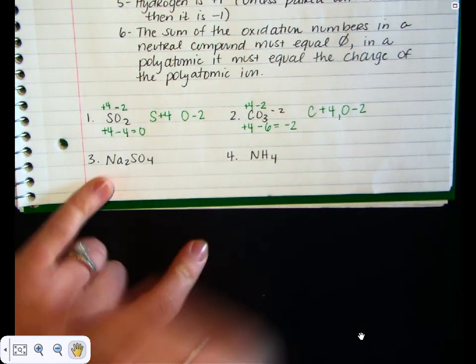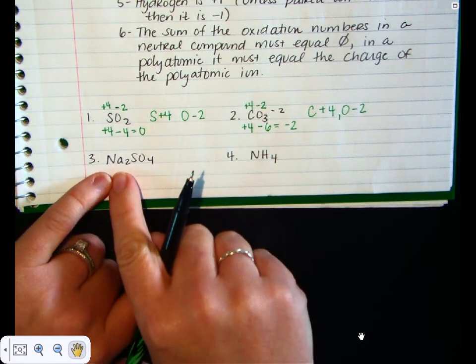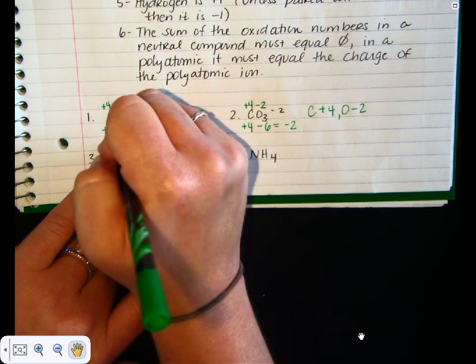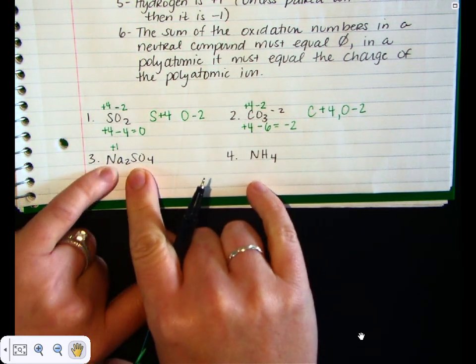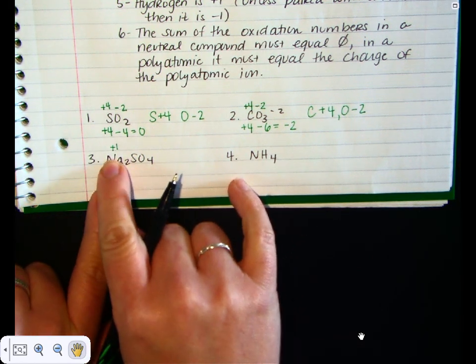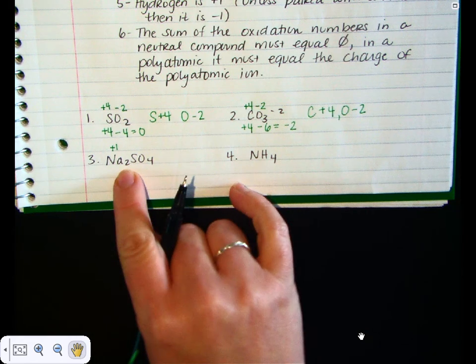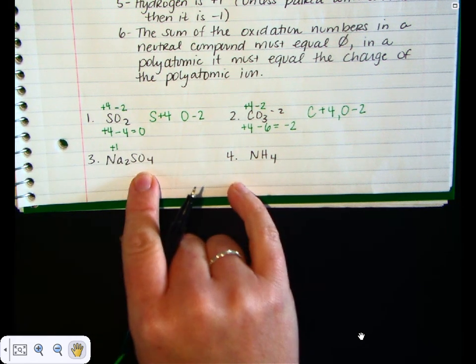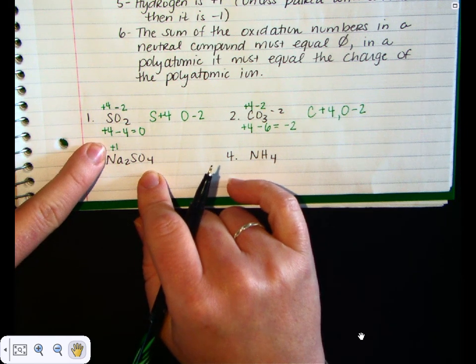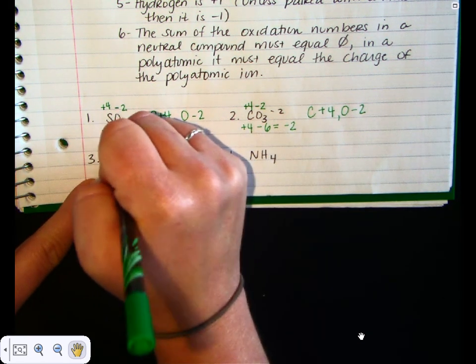All right. Na2SO4. So we've got a couple different things going on here. Na is in 1A, so we know the charge of it is +1. Another way you could also look at this is you know that this is sulfate. Sulfate has an overall charge of -2, and because this is +1, that's why this has a 2 on here, because we had a drop and swap. So there's a couple different ways you could figure this one out. So if the sodium is +1 and there's 2 of them, +2.